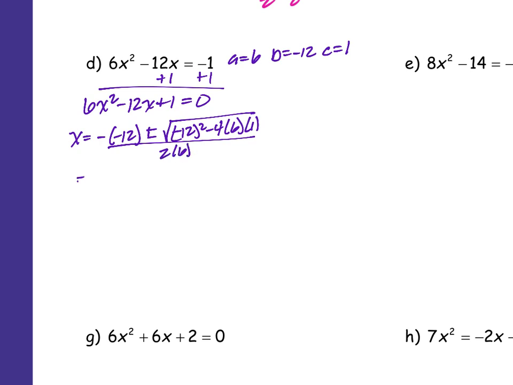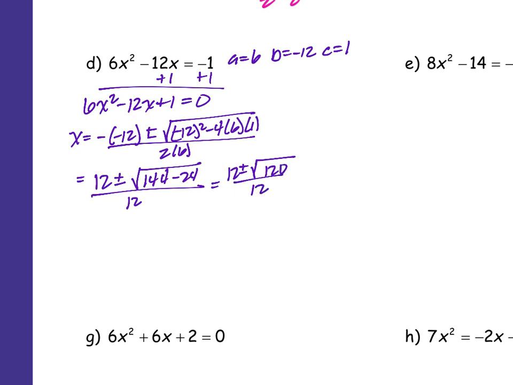Okay. Which is 12 plus or minus the square root of 144 minus 24, all divided by 12, which equals 12 plus or minus the square root of 120 divided by 12.